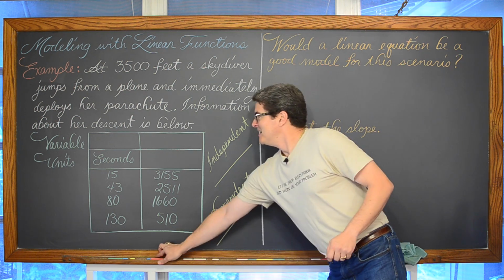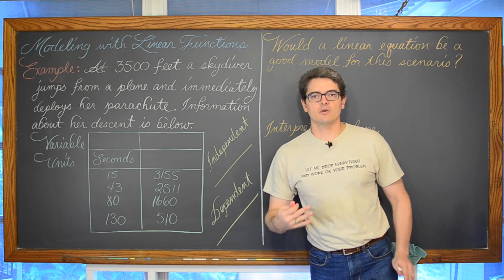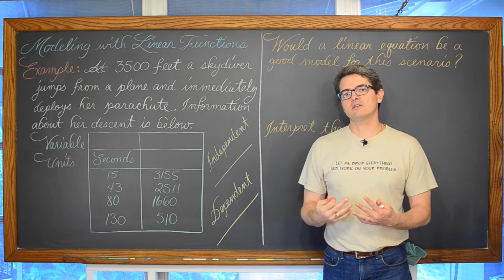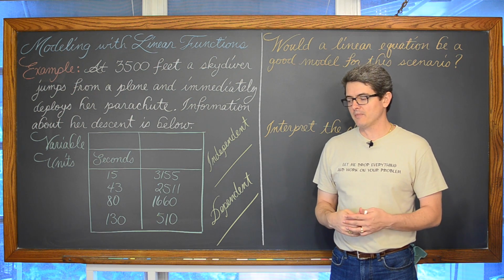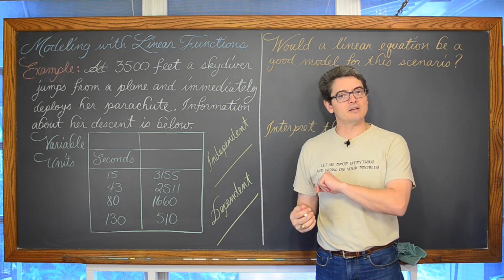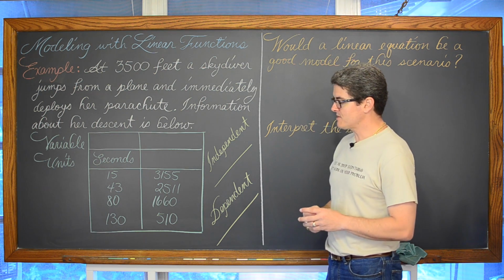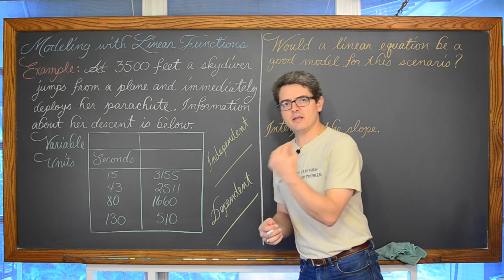Okay. Well, like I've been saying with my algebra lessons, when you try to identify the independent and dependent variable, what's going to be on the x-axis, the independent variable, and what's going to be on the y-axis, the dependent variable, the independent variable is the input value.